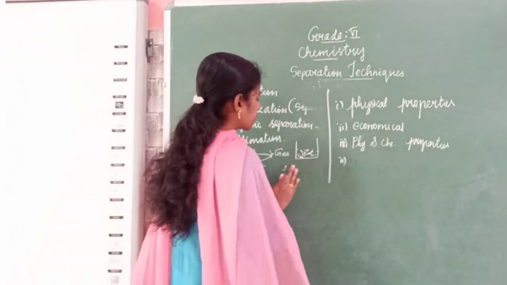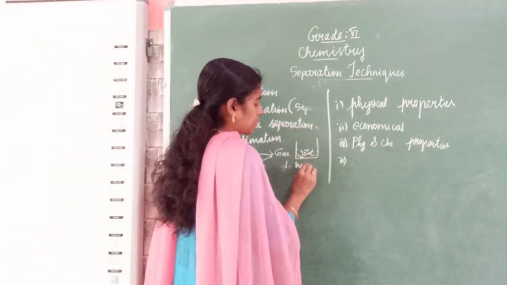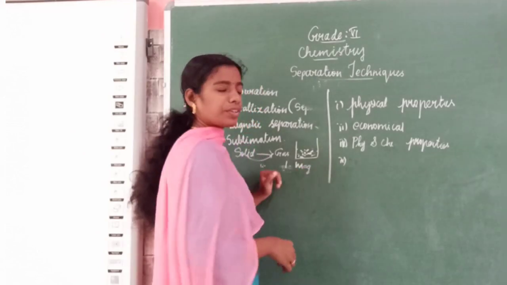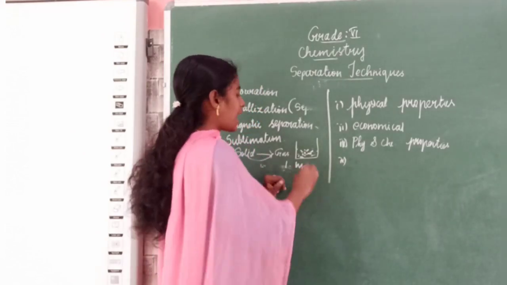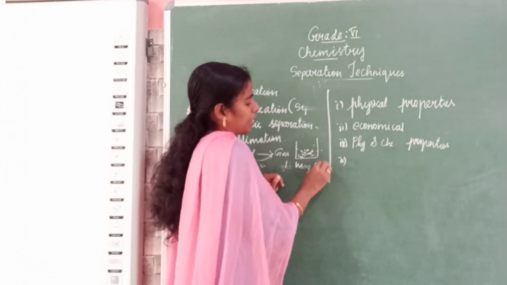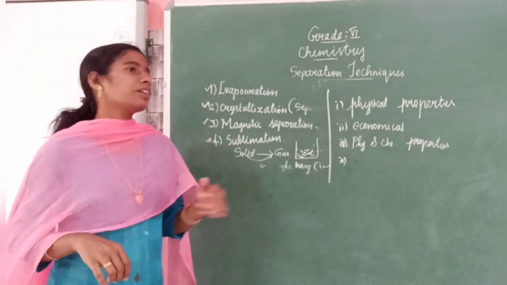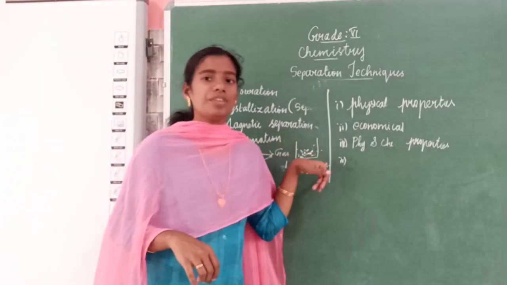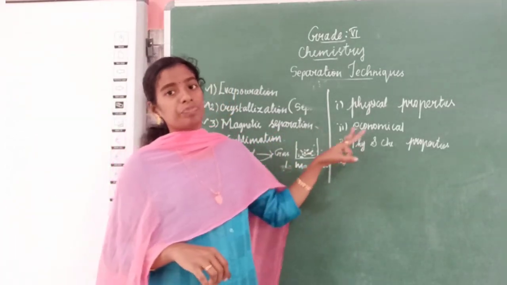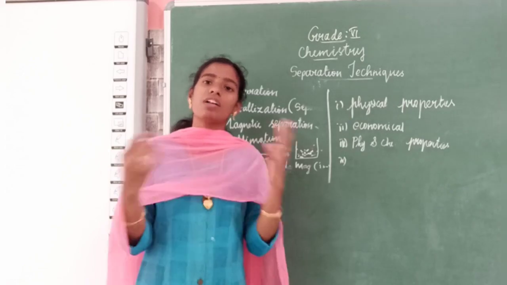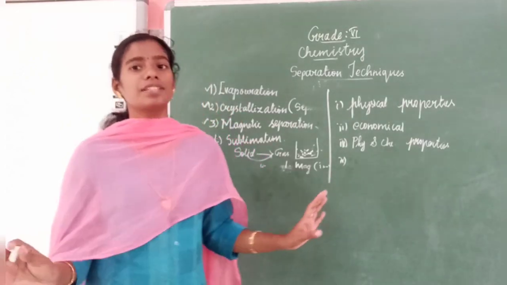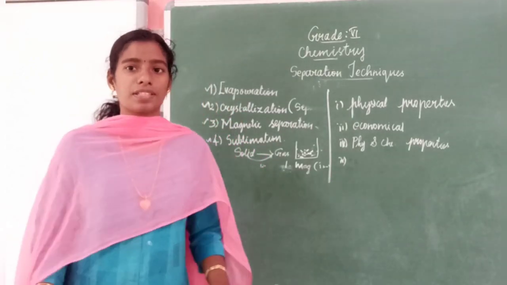First you use magnetic separation. What can you do now? The iron filings can be removed. So first you have removed the iron filings. Now you have salt, water and sand. The salt will be mixed with the water, and you cannot separate it simply.